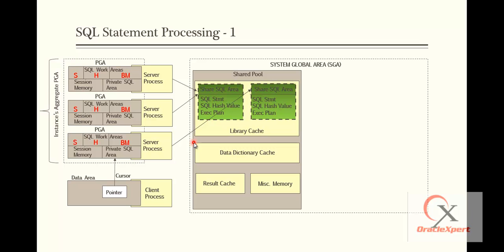So I'm assuming there was no free space left in my library cache. Then in that case, Oracle will phase out, flush the least recently used shared SQL areas from the memory, and it would keep on doing the flushing activity until sufficient memory becomes available so that my new statement can allocate its own shared SQL area in my library cache.